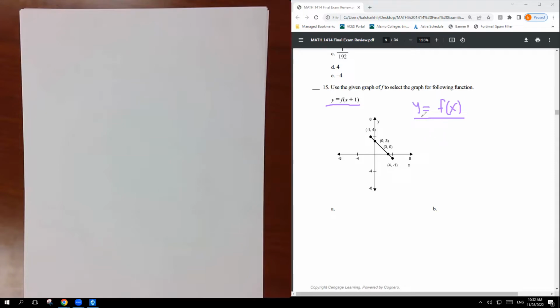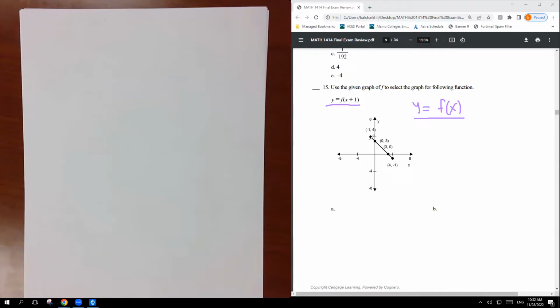Or you can say, here's the graph of f of x, we're just going to shift this graph 1 unit. Each x is going to be add 1, or shifted 1 unit to the left.